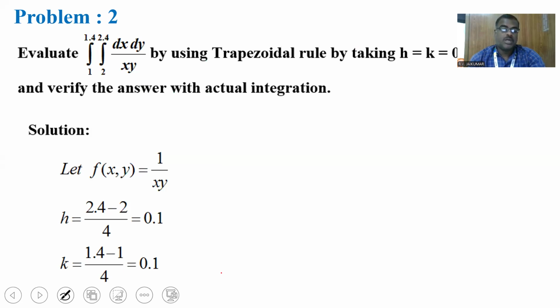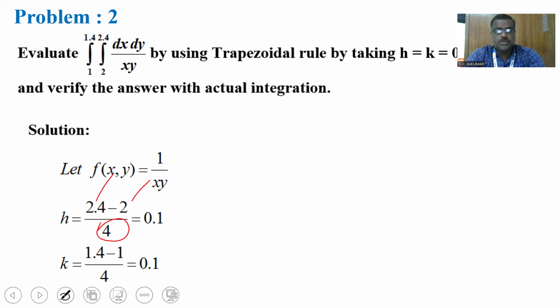If not, you can calculate it by dividing it into 4 subintervals. So h equal to upper limit minus lower limit divided by number of ordinates. You can use 4 subintervals or 8 subintervals or 16 subintervals or 10 equal intervals. You can divide it into equal intervals.